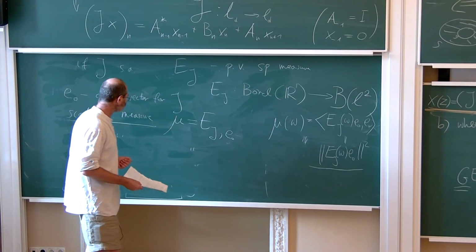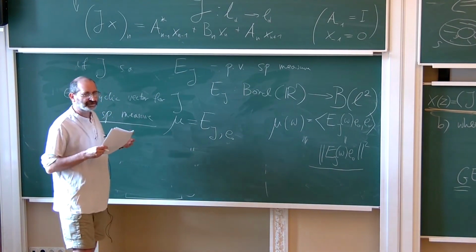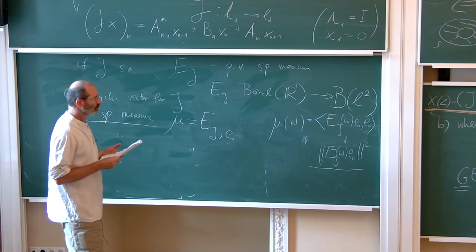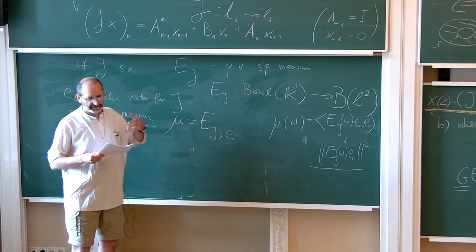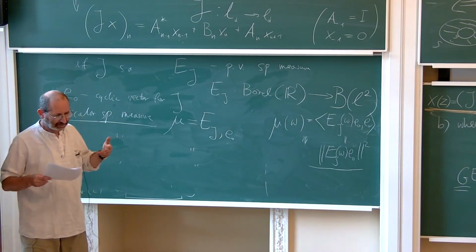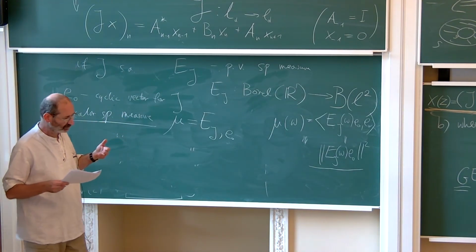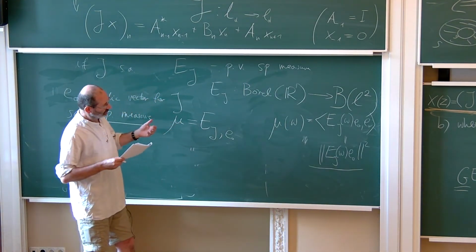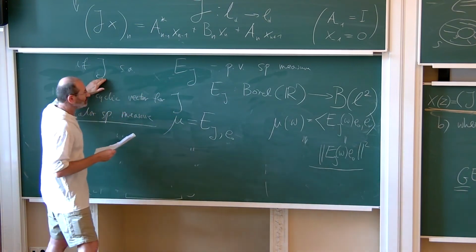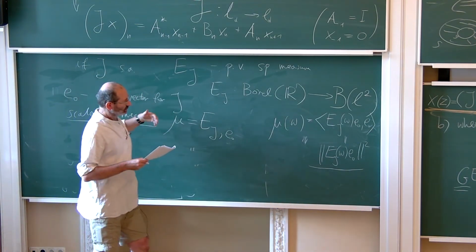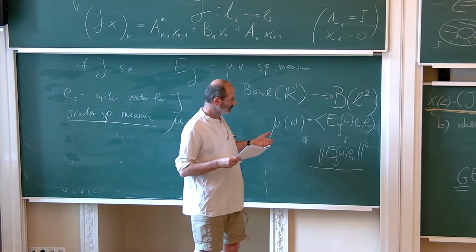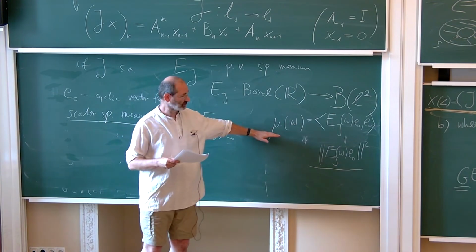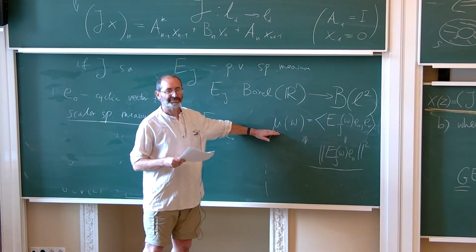This is a scalar measure which contains the full spectral information about the operator. From my mini course, you can also know that this operator is equivalent to the multiplication by x operator in the space L2 for this measure.